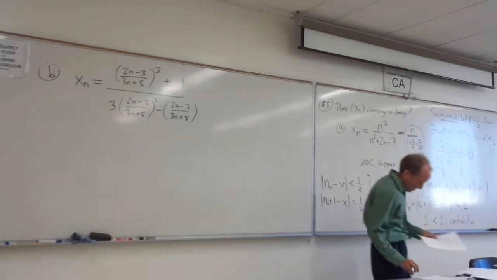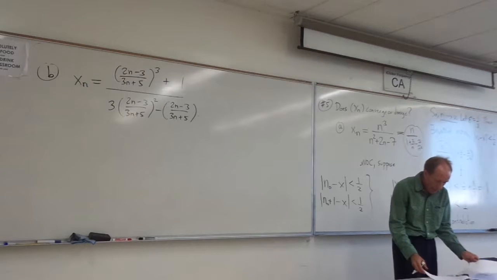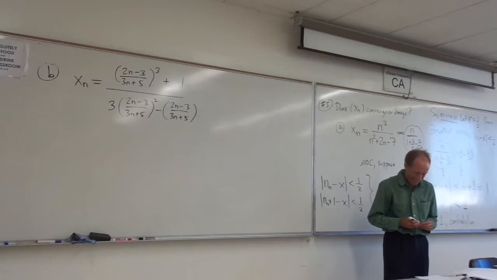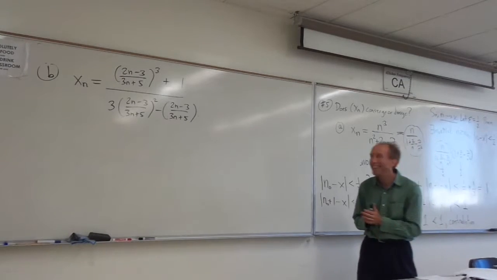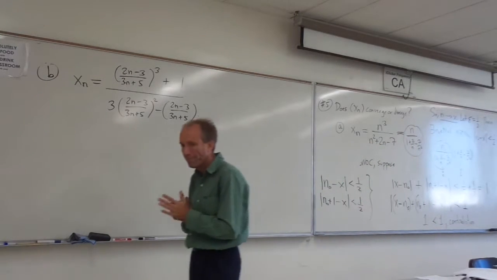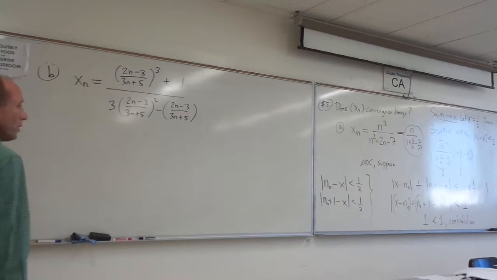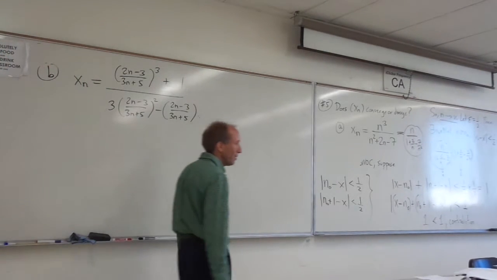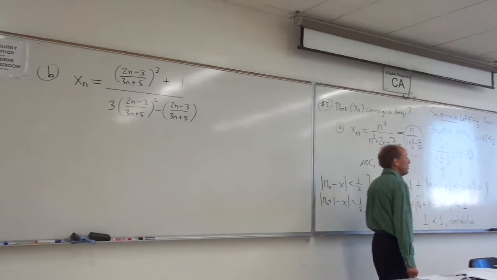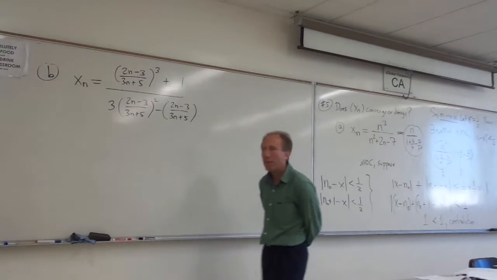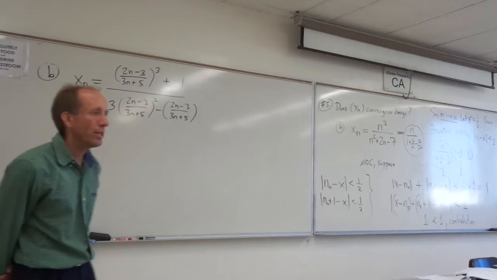Okay, so let's see. This is intentionally ugly looking. Any suggestions as to what you're going to do? Please don't tell me you want to use the epsilon definition. We'll be here all day. We don't want to do that. So anybody have any suggestion here?